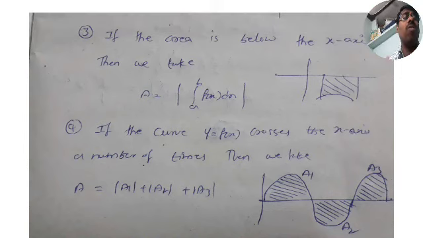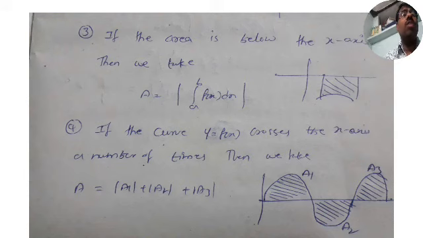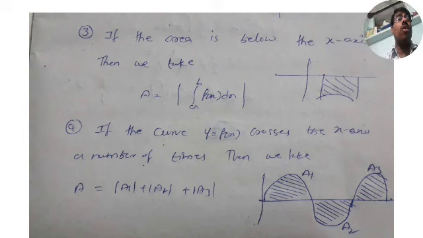Whenever the curve is below the x-axis, the area you calculate by integration will be negative, but area is never negative, it is always positive. That's why we take the modulus. And if a curve crosses the x-axis a number of times, then for each region, for each time it crosses, we take mod A1, mod A2, mod A3, because the area becomes positive above the x-axis and negative below the x-axis. So that's why we take the modulus for all regions. These are the points that I want to tell you.